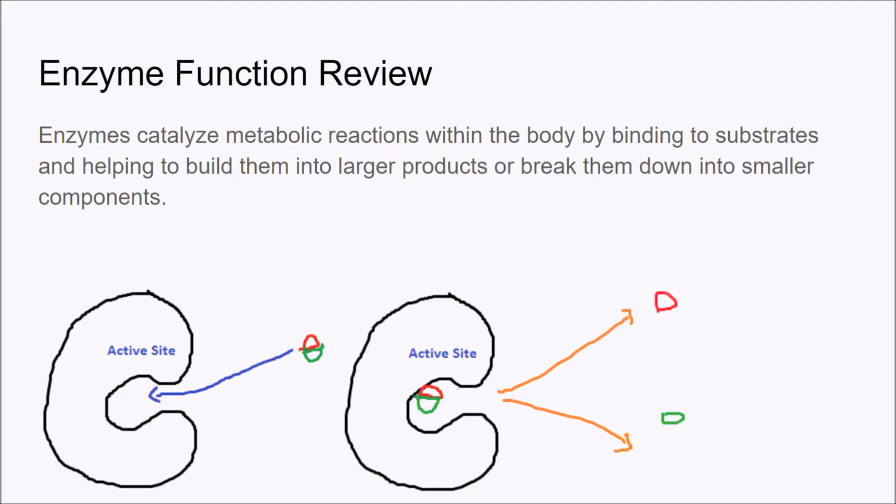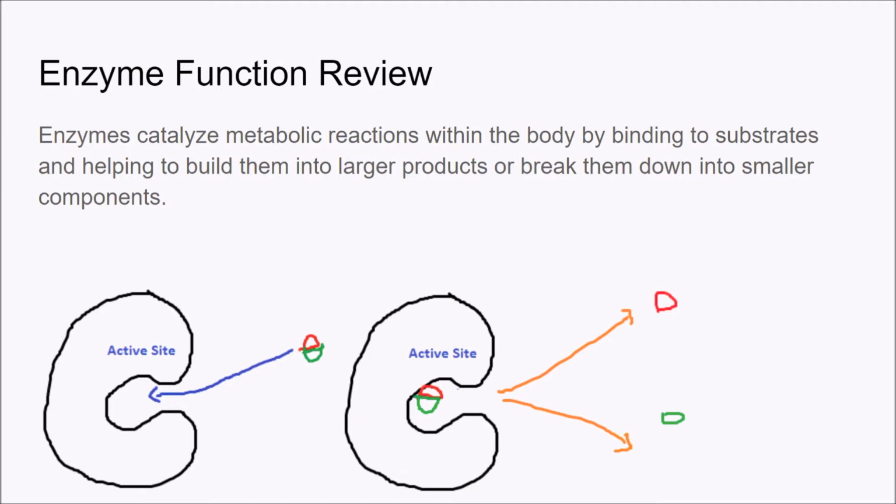We call this little pocket that molecules can bind to the active site, and we call the molecules that bind into that pocket the substrate. And we can see here that a little substrate here, that little red and green thing, is going into the active site of this enzyme. The enzyme does its reaction, and it splits the little substrate into two products. So whatever comes out of the enzyme, whether it's being put together or taken apart, are known as the products.